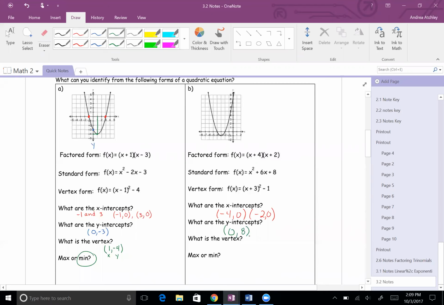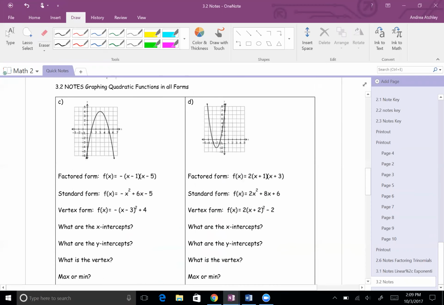Elizabeth, what did you get for the vertex? -3 and -1. Okay, any questions over that? Oh, and Elizabeth, was that a maximum or minimum? It's a minimum value.